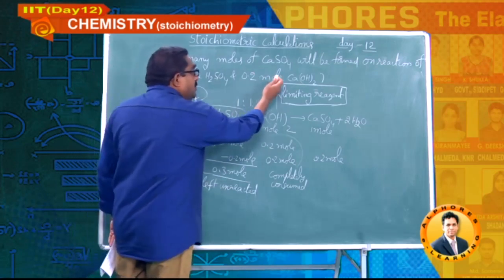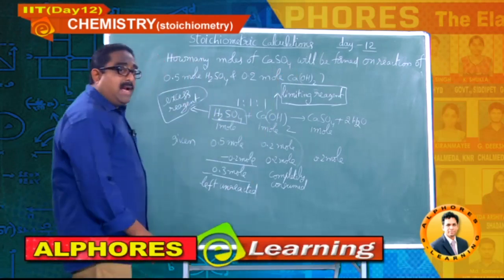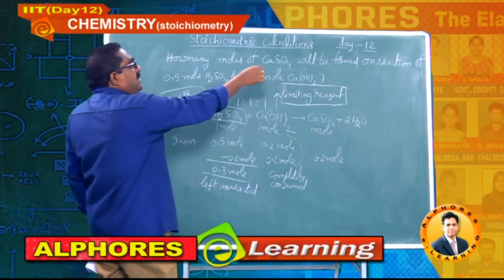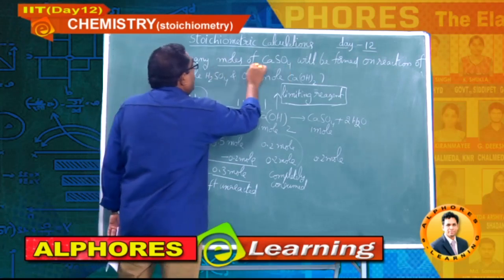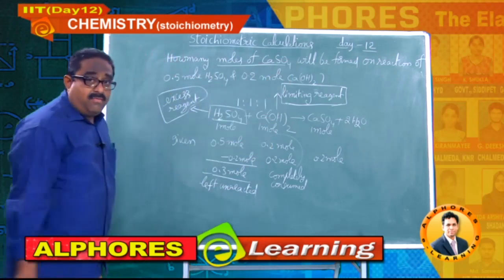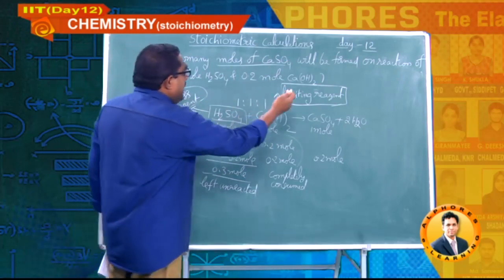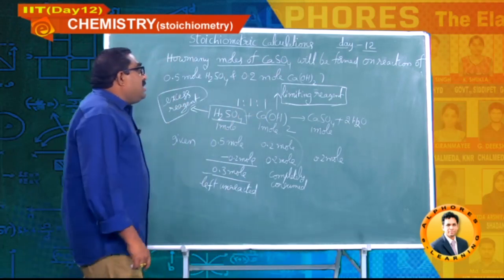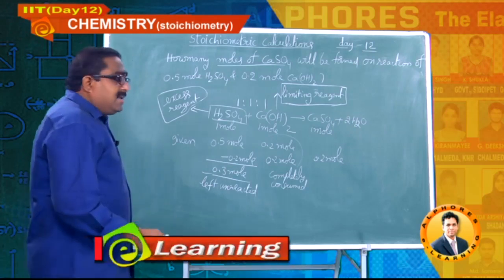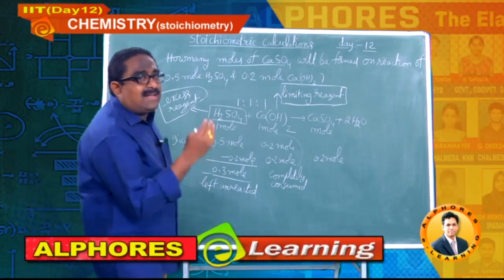And one more question can be set on the same data. You may have to calculate how many moles of calcium sulfate will be formed. Even in the question, they may ask: how many moles of sulfuric acid will be left unreacted?